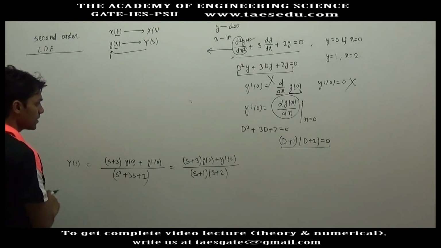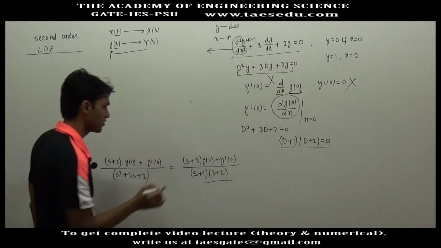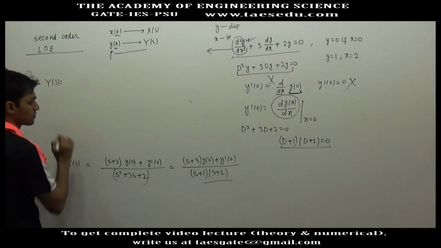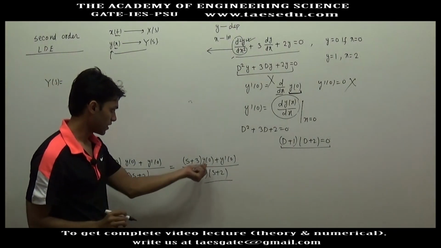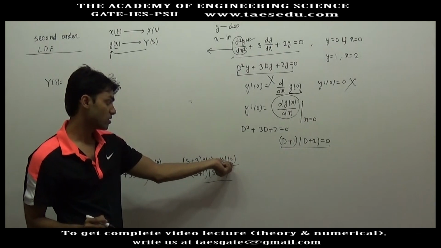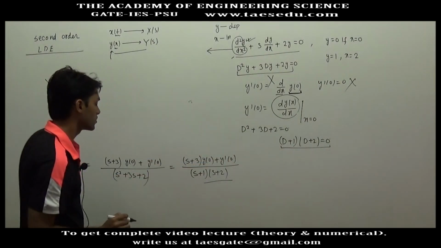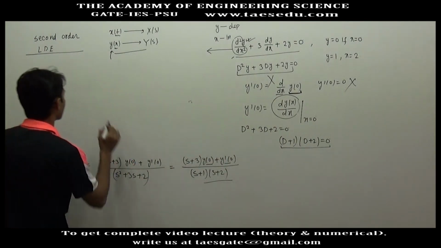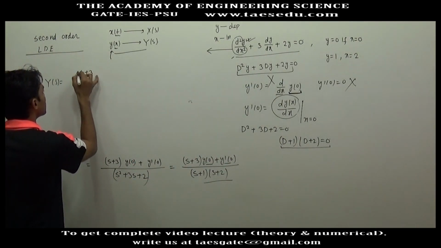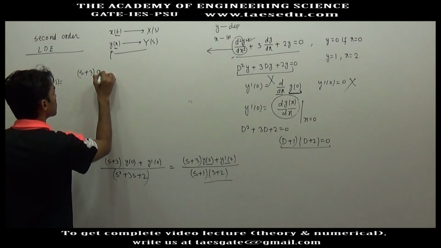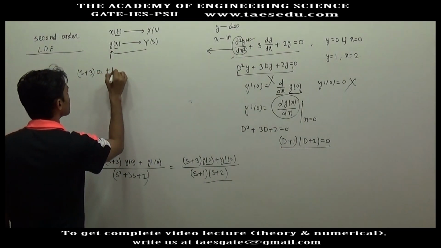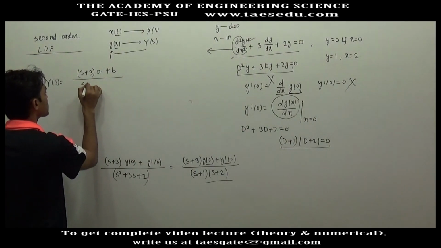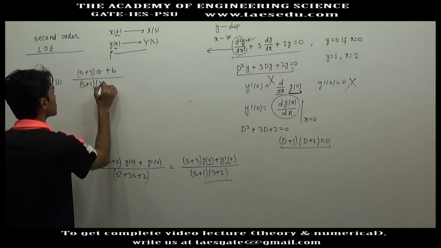Okay. Now if you factorize it, what will you get? ys will be, y0 is a constant, y dash 0 will also be a constant. Let's put some constant, s plus 3 into, let's say, constant a1, plus b, divided by s plus 1 into s plus 2.